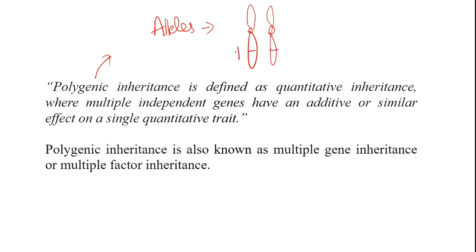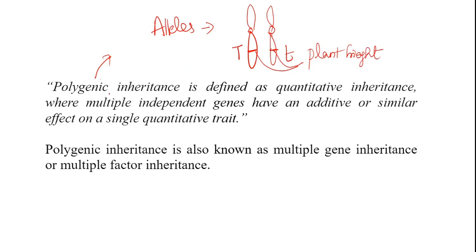Take an example: tall is there, dwarf is there. Both are present in a homologous pair. The tall gene and the dwarf gene are alleles, which code for plant height. Alleles are present on a homologous pair of chromosomes and code for some phenotypic trait.